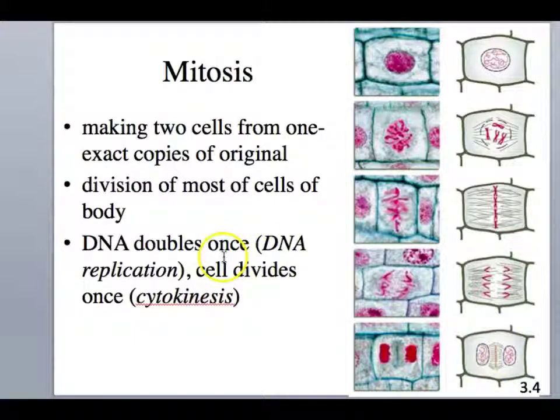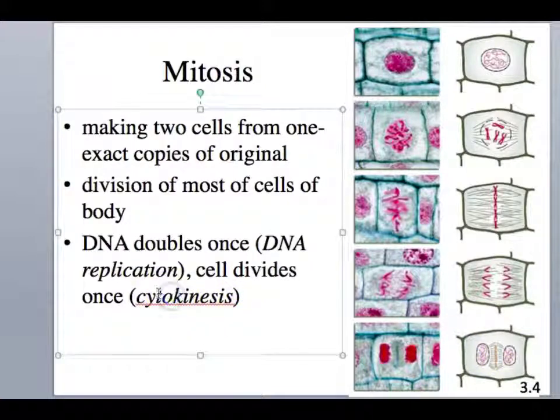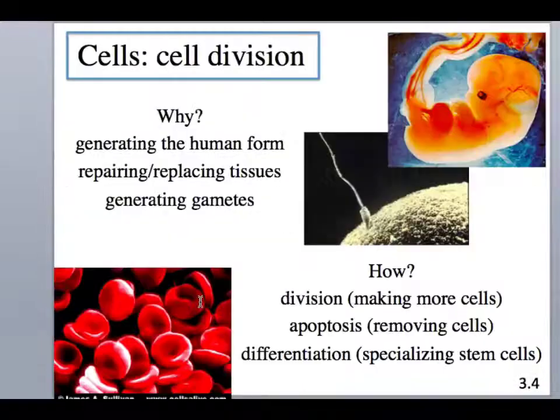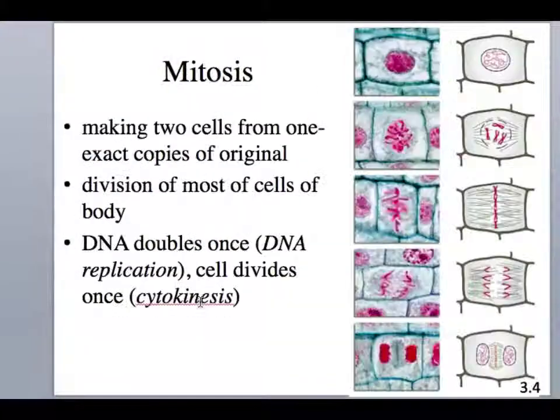DNA is going to double once through DNA replication, and then the cell divides through cytokinesis. Cyto means cell, and kinesis means movement. Or you can think of this as the cytoplasm moving to the other side. So mitosis is very important. In order for your DNA to replicate, it has to condense into chromosomes.